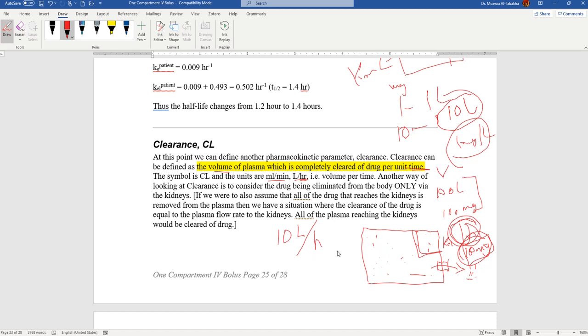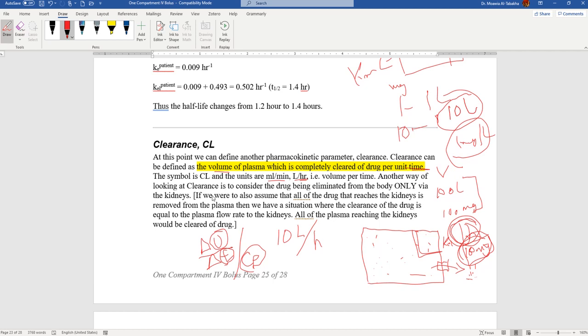now is clearance constant? Yes, it is constant. And if you remember, I defined it as an equation as rate of elimination. Let's assume that it is delta U, how much drug is eliminated per time, and that is divided by concentration. For how much gets out during a time divided by concentration.